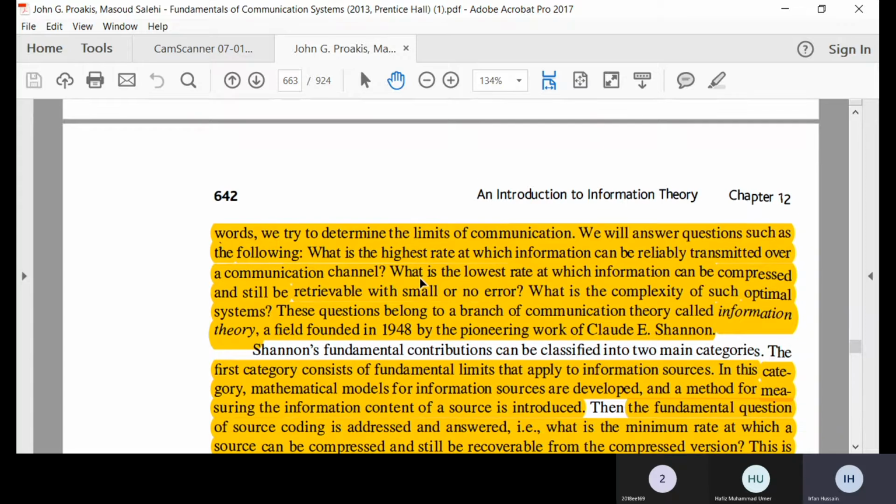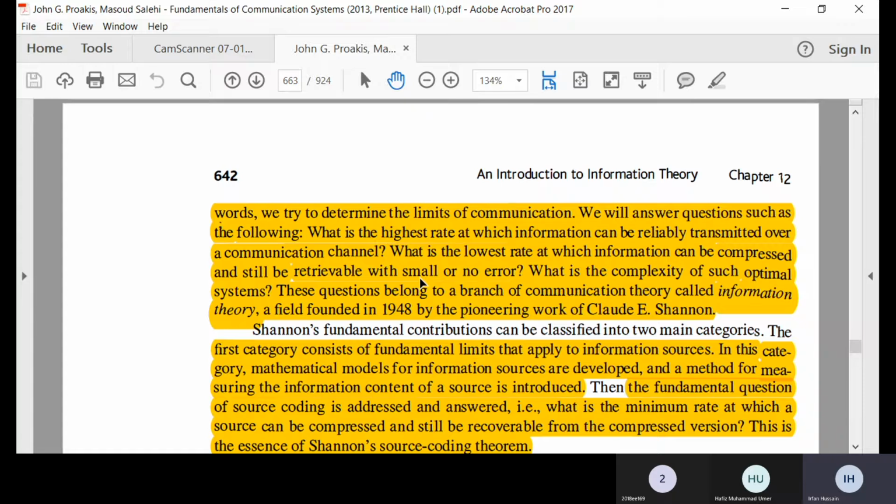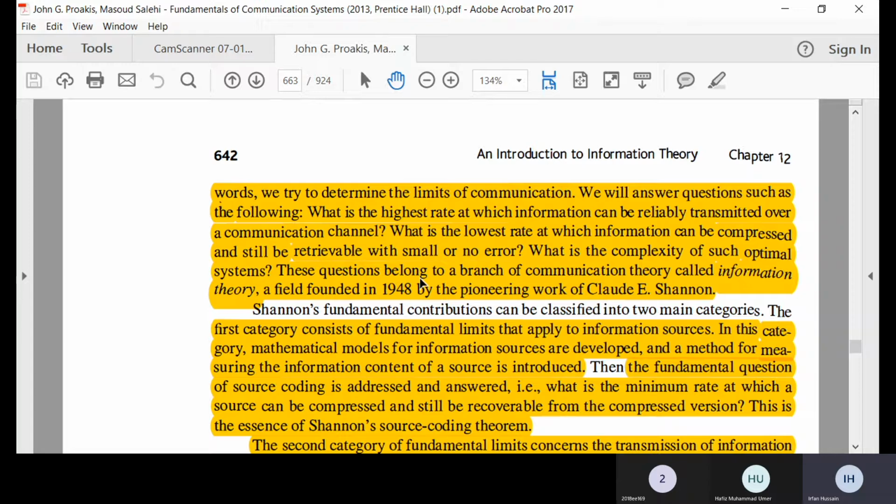So the fundamental questions are, for example, what is the highest rate at which information can be reliably transmitted, and what is the lowest rate at which information can be compressed and still be retrieved, what is the optimality. All these questions belong to a branch of communication theory called information theory, which we are trying to understand.